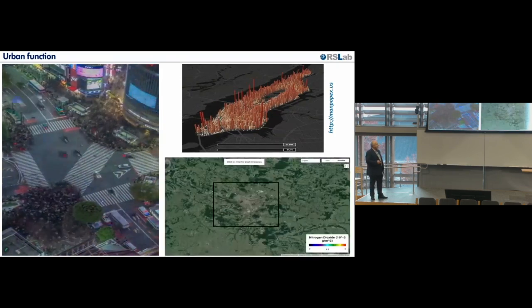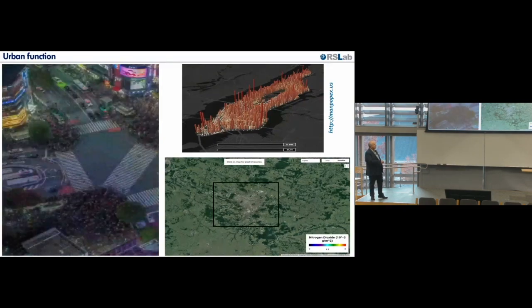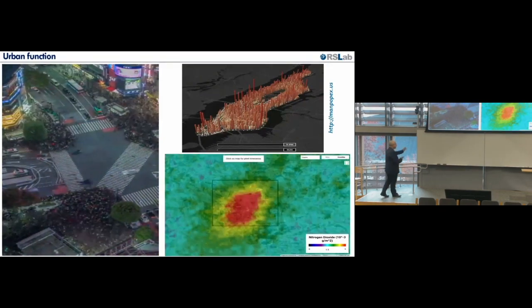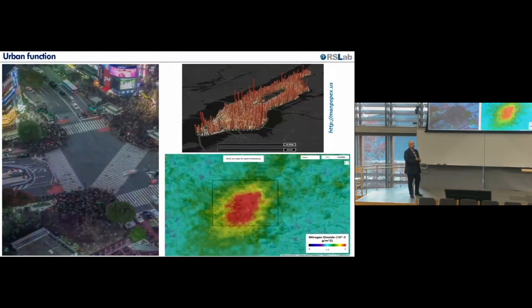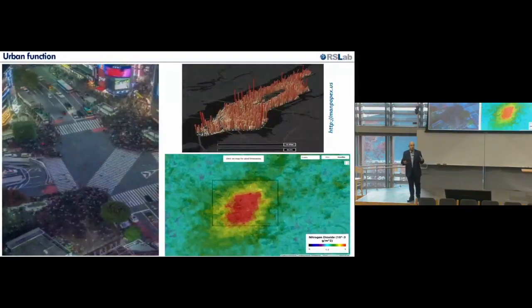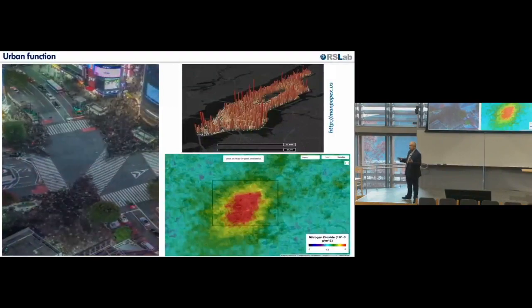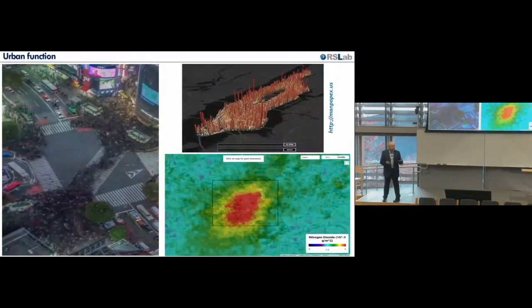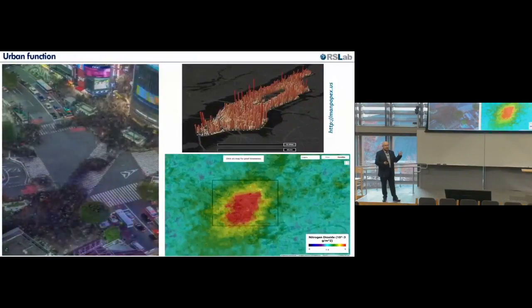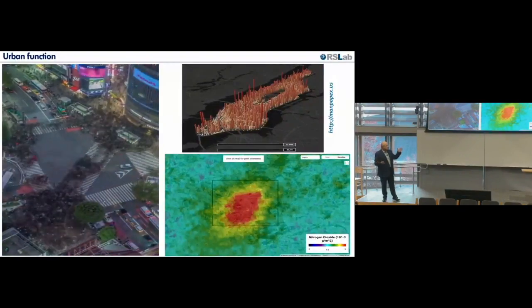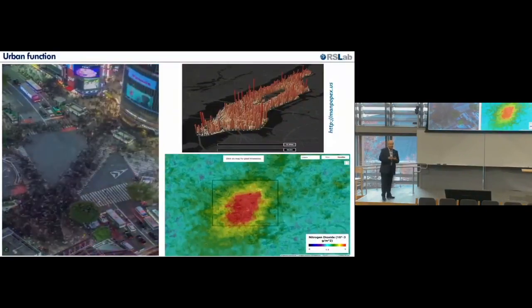And at city scale, this is Paris. At city scale, we have sensors like TROPOMI on Sentinel-5P, so we can take the concentration of emissions, like NOx, for example. So this is at city scale, because the resolution enables us to do it at city scale.